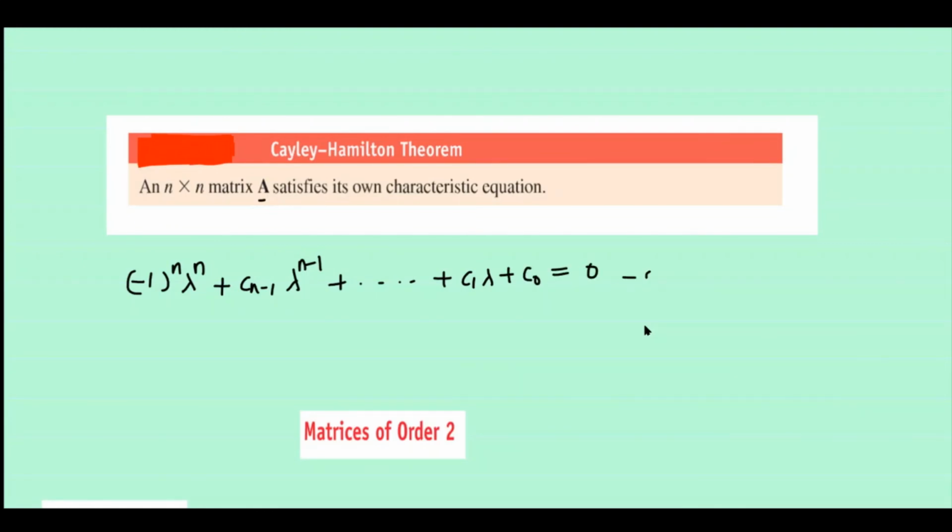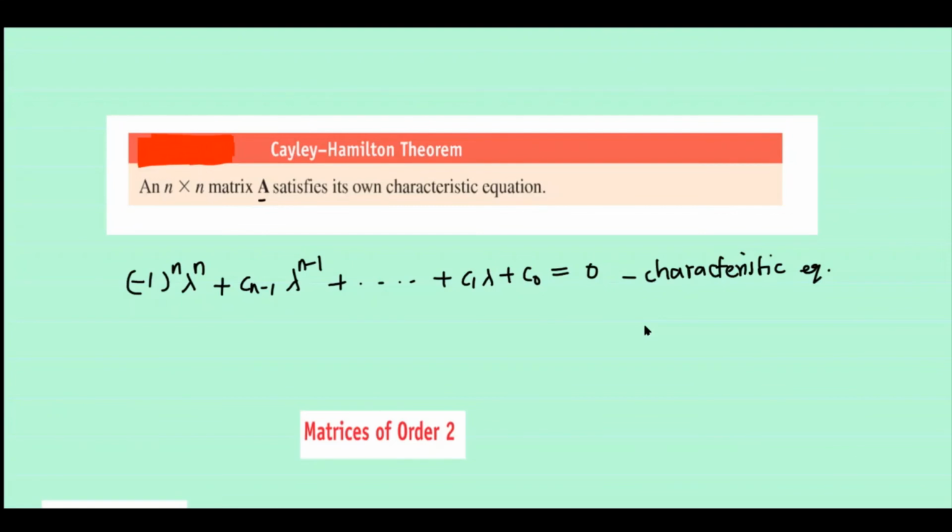So this is the characteristic equation of A. Now here C1, C2, C0, etc., Cn minus 1 are coefficients. Now, according to Cayley-Hamilton theorem, the matrix A should satisfy its characteristic equation.